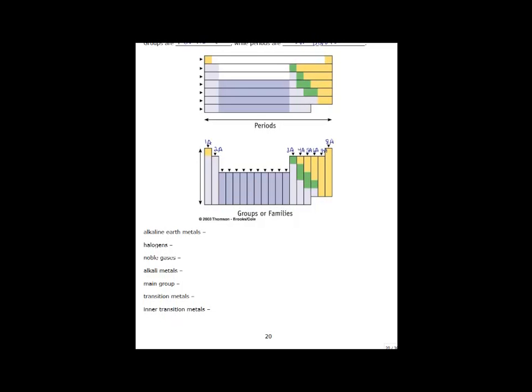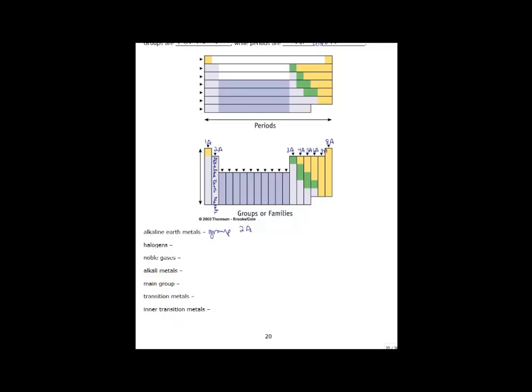Now, these groups are also called families, so you'll have different names for a group. So group 1A is also the alkali metals. So I'm going to go through these family names and then label them on this chart here. So the alkaline earth metals are in group 2A. So I'll write this here, alkaline earth metals.